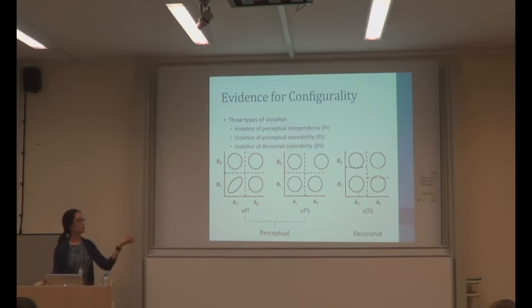A violation of decisional separability could still produce behavioural data consistent with configurality, but it would be at odds with the hypotheses that exist for a lot of these theories.